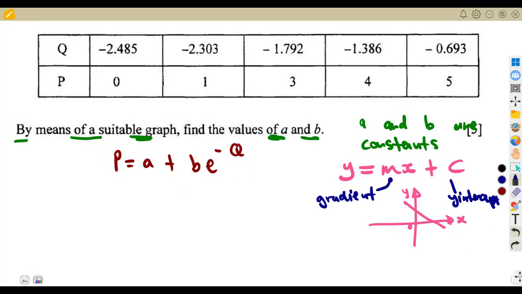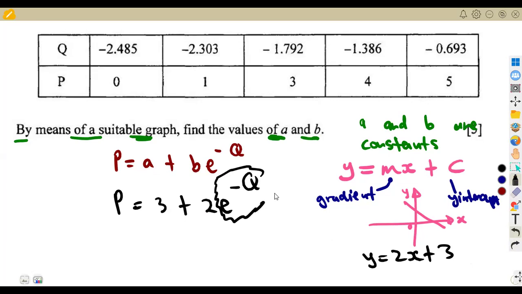Just like y is equal to 2x plus 3 from O-level mathematics, we can have our equation, P is equal to maybe 3 plus 2e to the exponent of minus q, because this part is affected by a variable. There is nothing to find here. This is a constant, just like the A and B that we have.